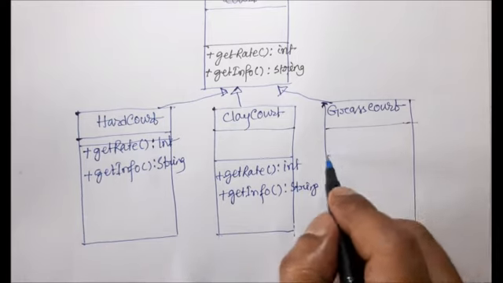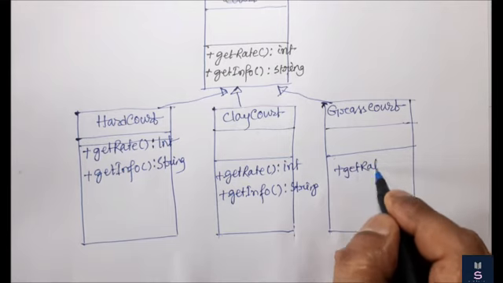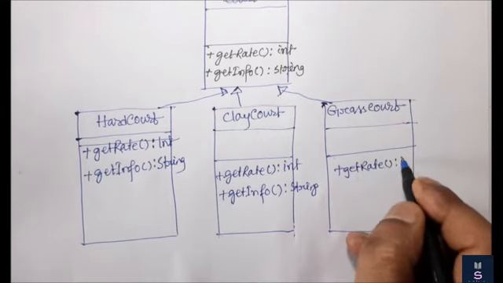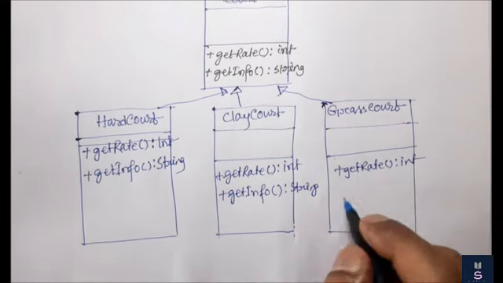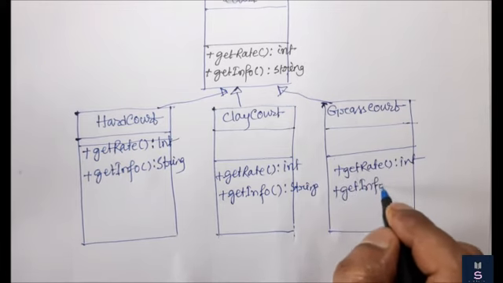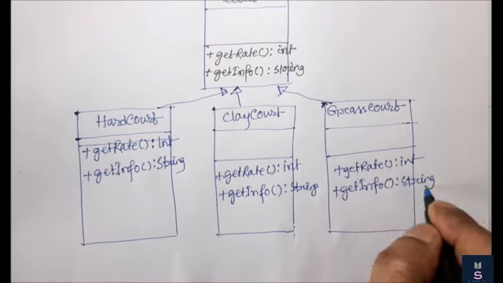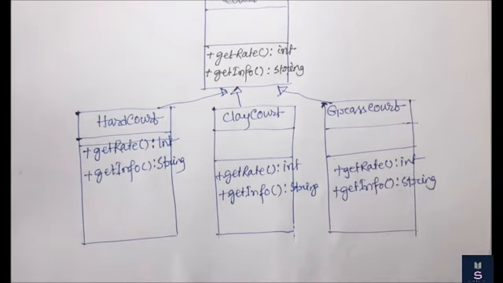And we can also write here getRate, getInfo. So that is how I can declare an abstract class by using a class diagram.